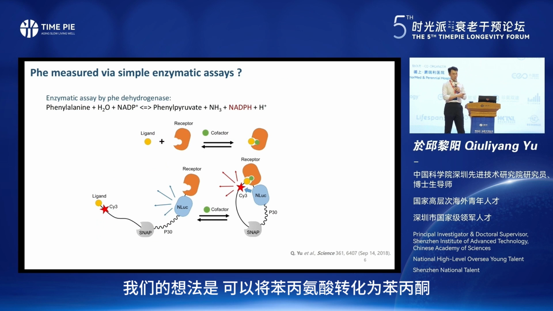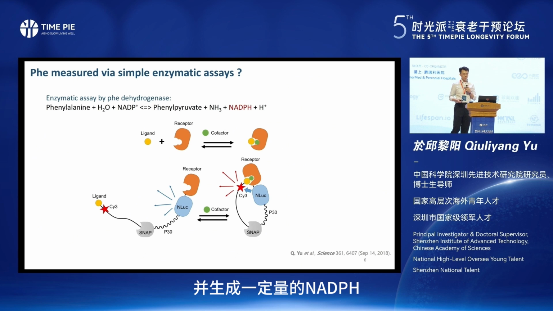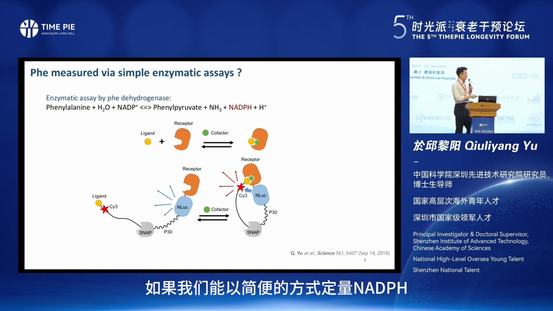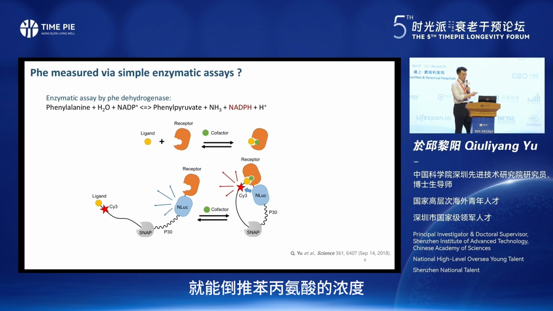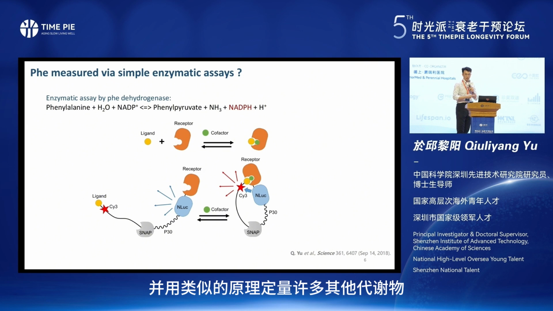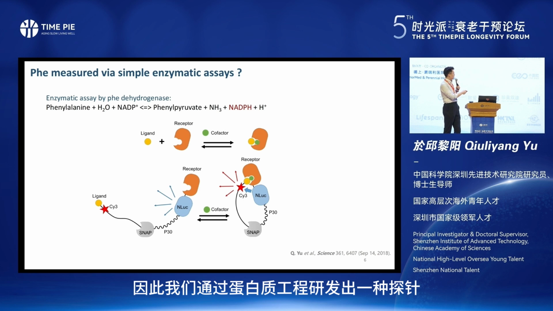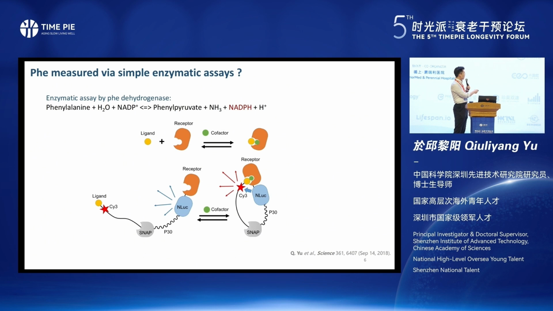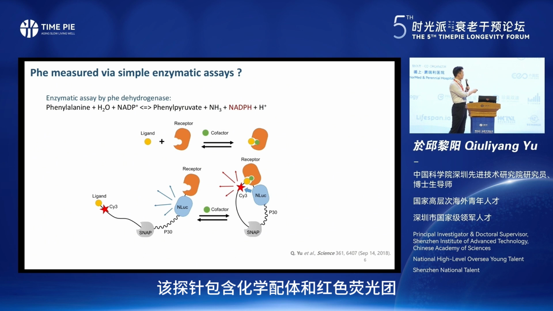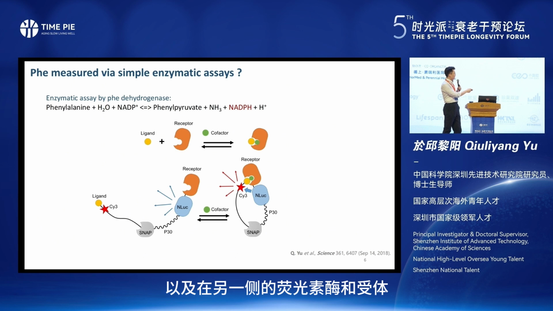What we thought is that we can convert phenylalanine into phenylpyruvate and quantitatively produce NADPH. And once we can quantify the NADPH in a convenient and easy way, then we should be able to quantify phenylalanine and many of the other metabolites using a similar principle. So what we did is we performed the protein engineering and came up with these sensors that contain a chemical ligand, a red fluorophore, and on the other side, a luciferase and a receptor.